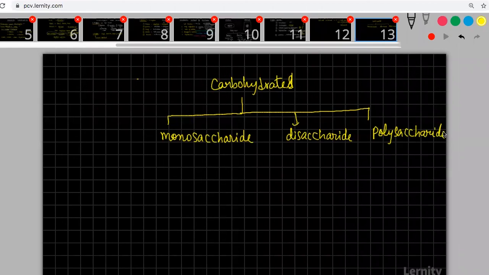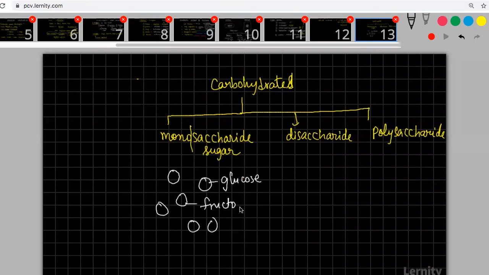What is the meaning of saccharide? Saccharide means sugar. There are some carbohydrates which will have only one sugar. Only one sugar molecule will be independently present. You can talk about glucose as an example. Glucose is a monosaccharide. Fructose, galactose. All these things are examples for monosaccharides.